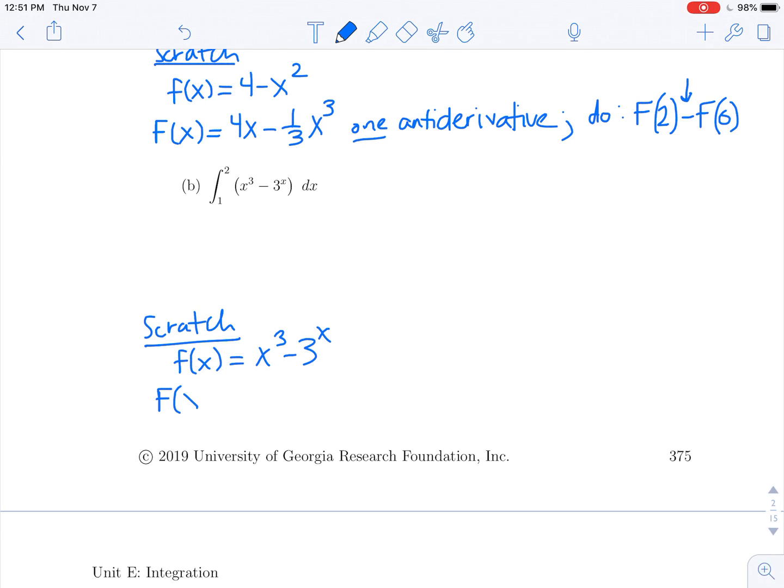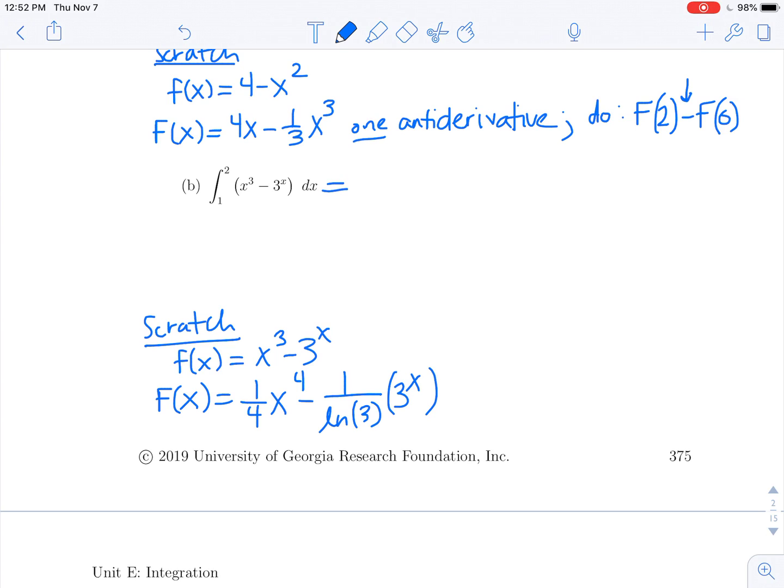And the capital F of x, now you do have lots of options depending on what value of plus c you choose, but one antiderivative is 1/4 x to the 4th minus 1 over natural log of 3 times 3 to the x. And then you could put on a plus 27 or whatever if you wanted to, but you don't really have to, and it doesn't really help in any way.